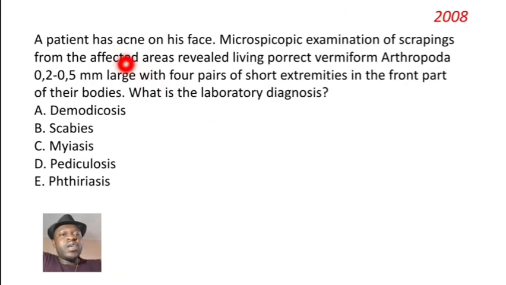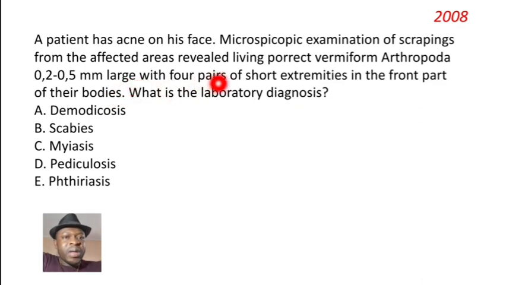A patient has acne on his face. Microscopic examination of scrapings from the affected area revealed living vermiform arthropods. Now you know that they are talking about arthropods of 0.2 to 0.5 millimeters, right?